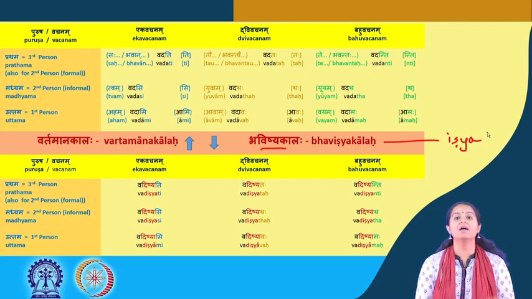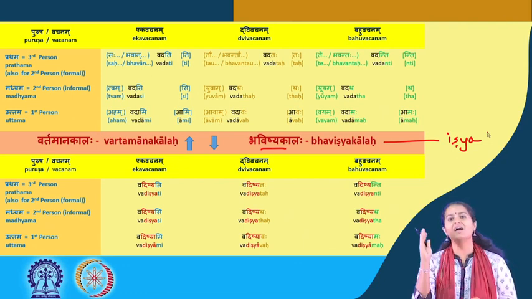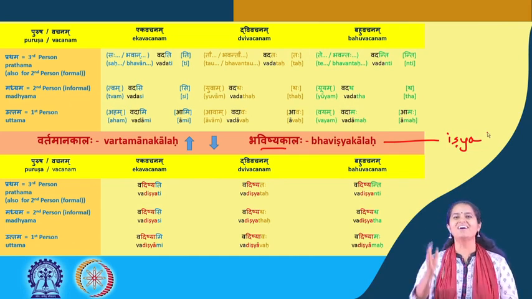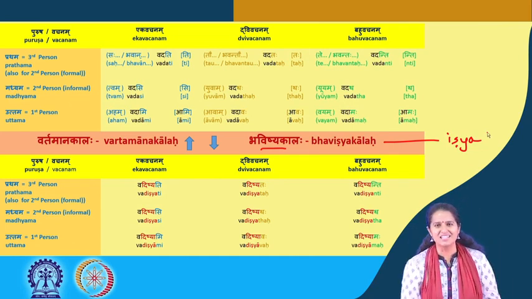So what do we have here? Vadati becomes vadishyati, then vadataha, vadishyataha, vadanti, vadishyanti, vadasi, vadishyasi, vadathaha, vadishyathaha, vadatha, vadishyatha. Uttamam. Vadami, vadishyami, vadavaha, vadishyavaha, vadamaha, vadishyamaha.